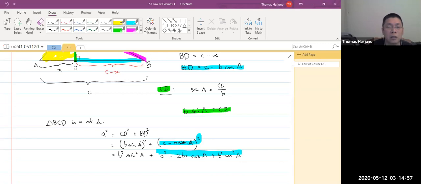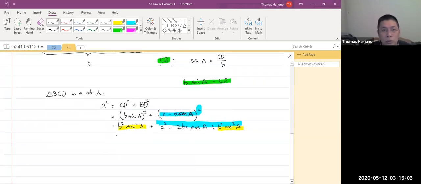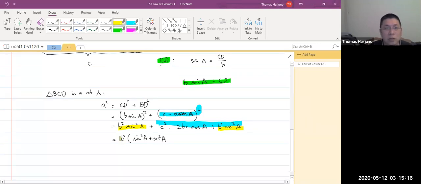Now, this guy plus that guy, if I add those two, so b squared, let me factor it, sine squared A plus cosine squared A. That's for the yellow part.